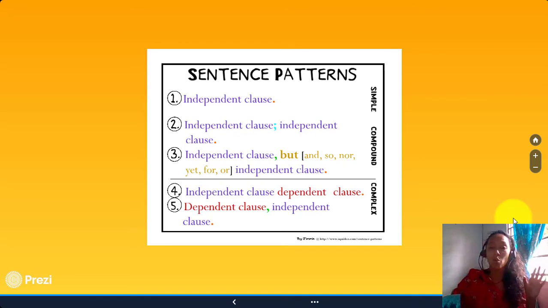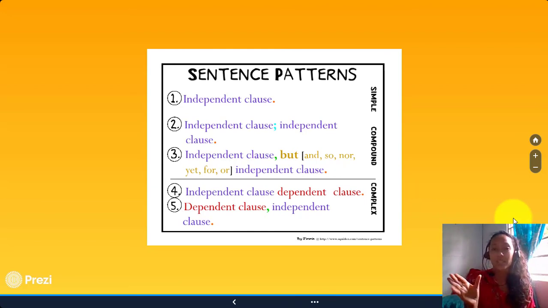These are made up of one simple sentence and a subordinate clause or a dependent clause. What do we mean by that? We mean a clause that has a word like after, until, because, if, and the other subordinating conjunctions, and they come together and they're joined.